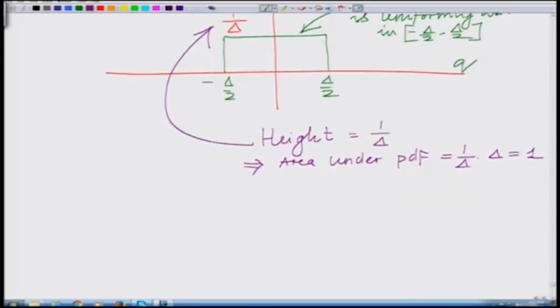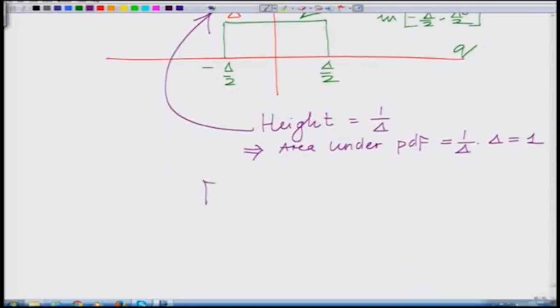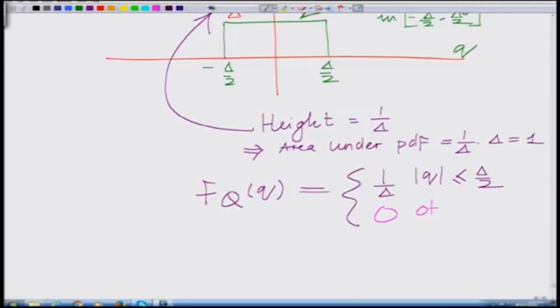And by the way, f of q equals 1 by delta for magnitude of q less than or equal to delta by 2, and 0 otherwise.